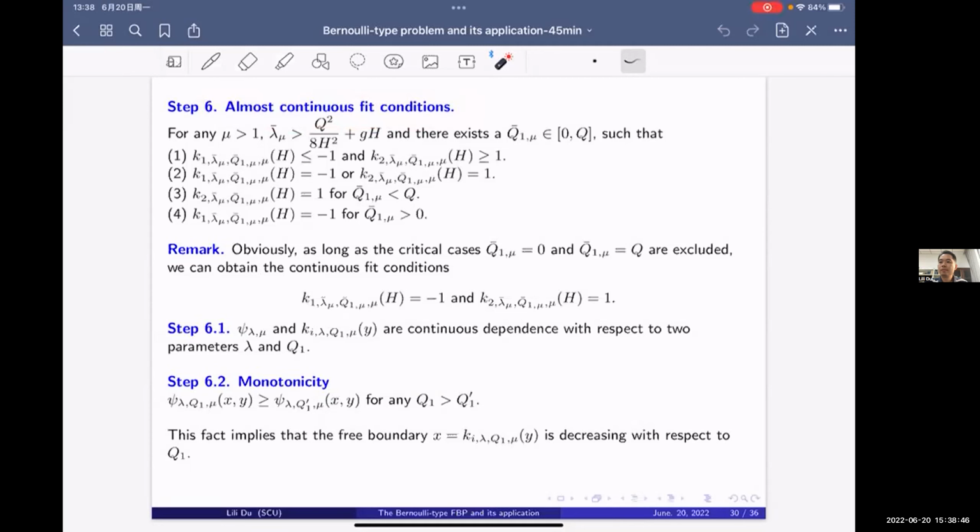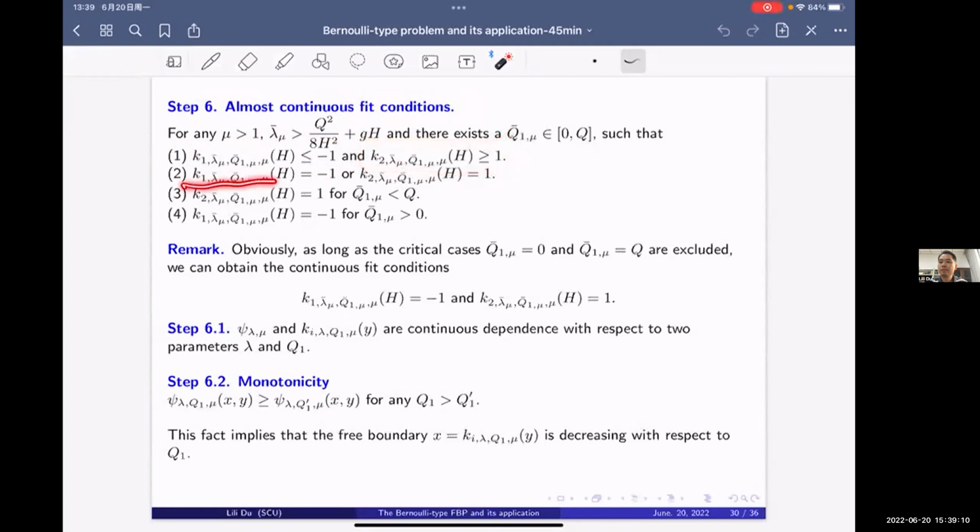The first condition means that the initial point of gamma 1 lies on the left of the endpoint A1, and the initial point of gamma 2 lies on the right side of A2.